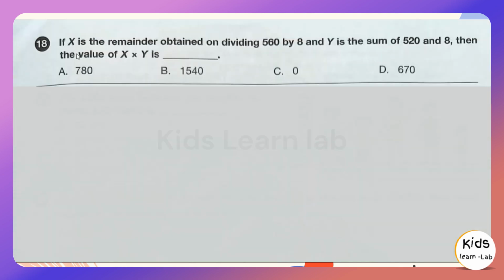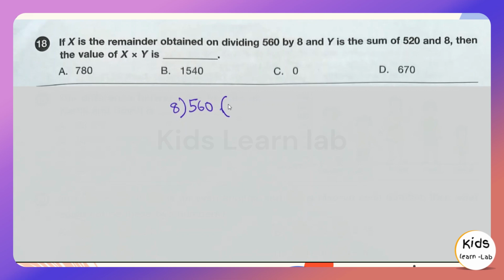18th question. If x is the remainder obtained on dividing 560 by 8 and y is the sum of 520 and 8, then value of x into y is dash. So 560 is the dividend and 8 is the divisor. So let's divide.